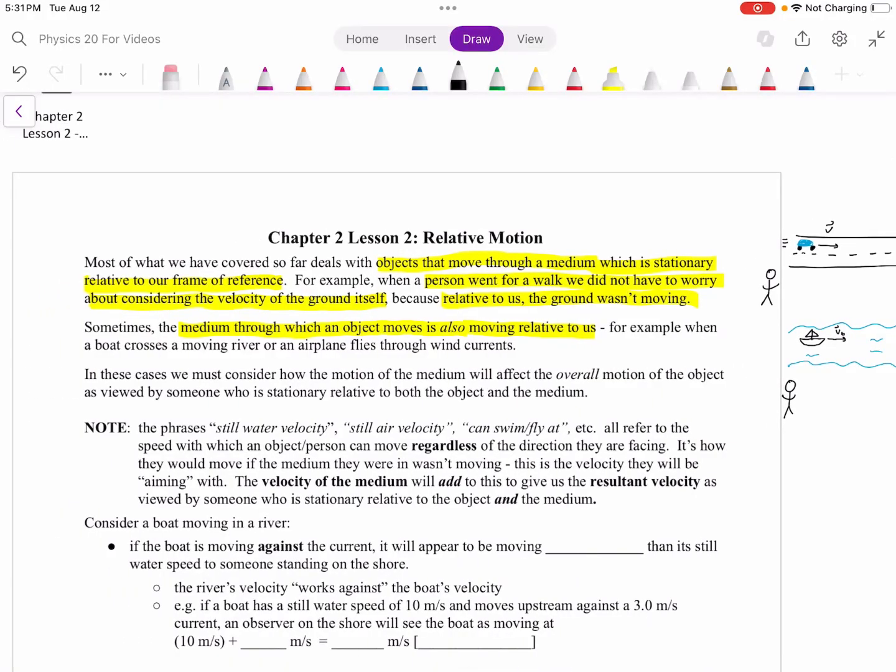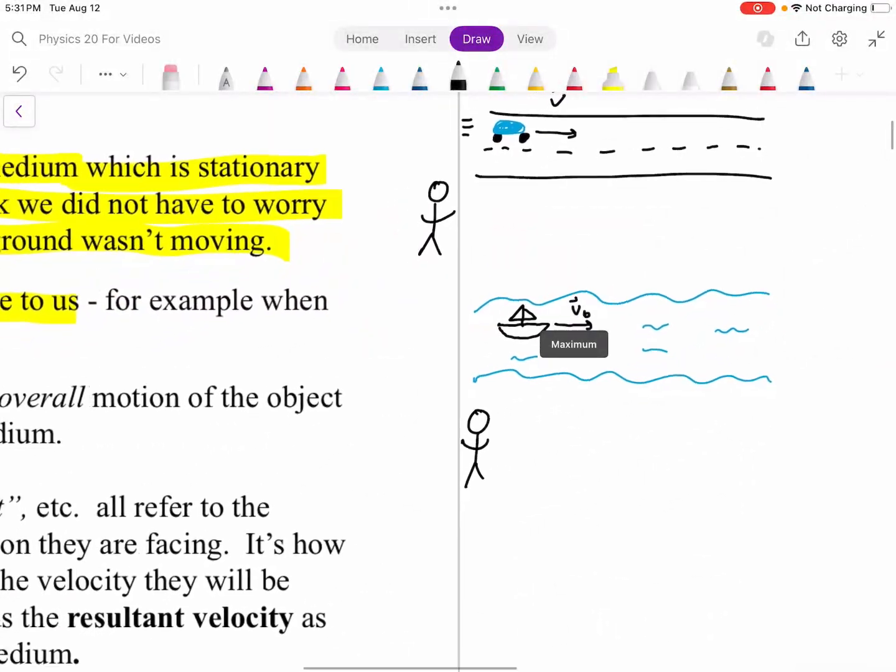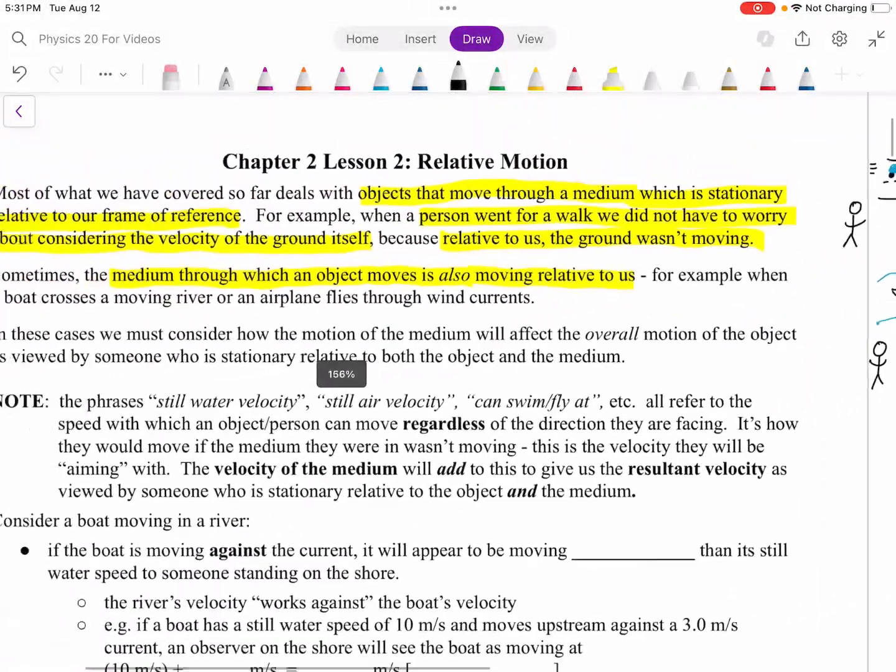So it's going to be a lot of what we've been doing. It's just adding vectors. It's just that in the previous lesson, a lot of the vectors we were adding together were displacements. Now we're going to be looking more at adding velocities, for example, the boat's velocity and the river's velocity in a situation like that.